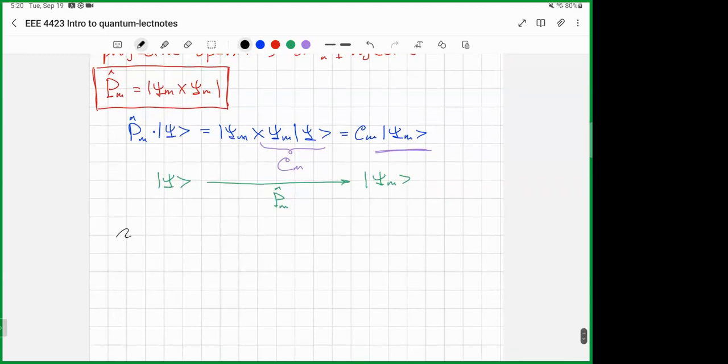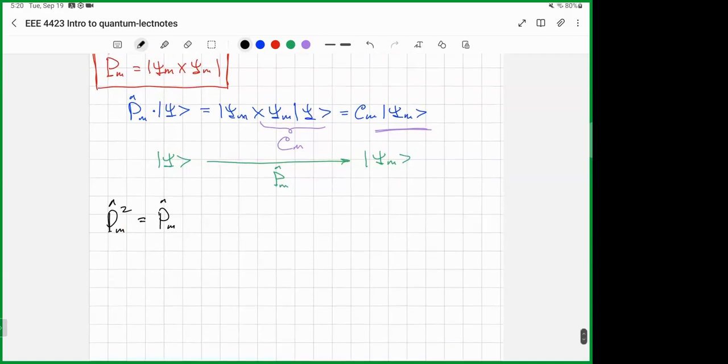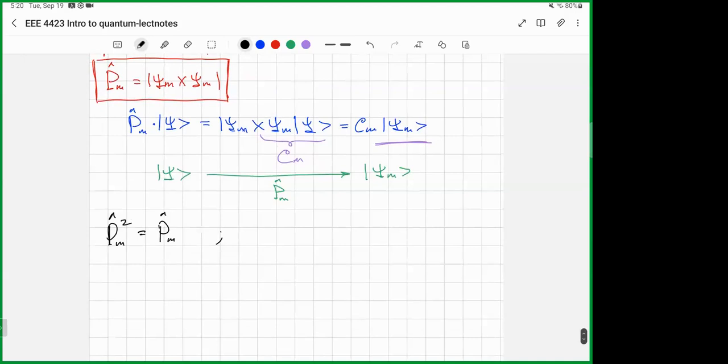The first property is the fact that when I take the projective operator twice, the result is the same as the projective operator itself. Or if I take it 3 times or 4 times, the result is always the same.